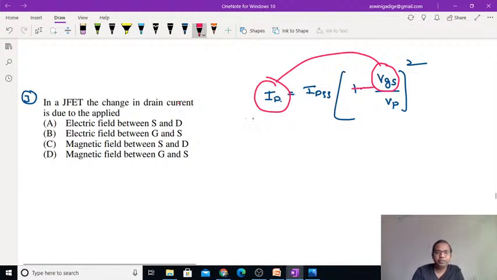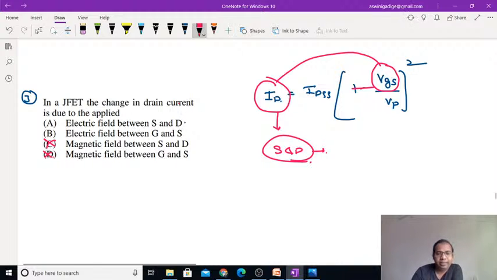At the same time, ID also depends upon the source and drain. Fine. But here, it is not depending upon the magnetic fields. It has to depend upon the electric field only.